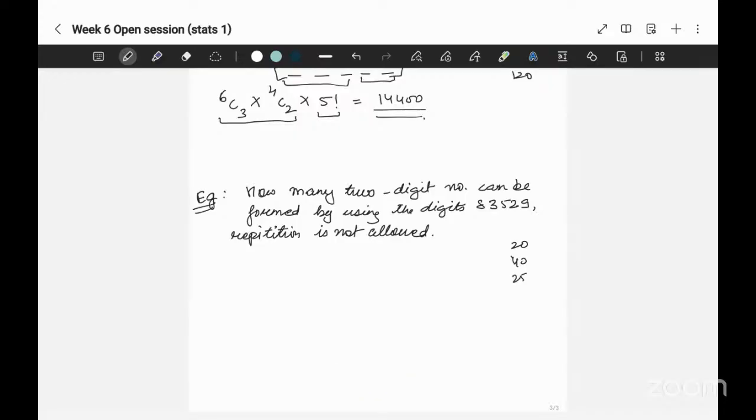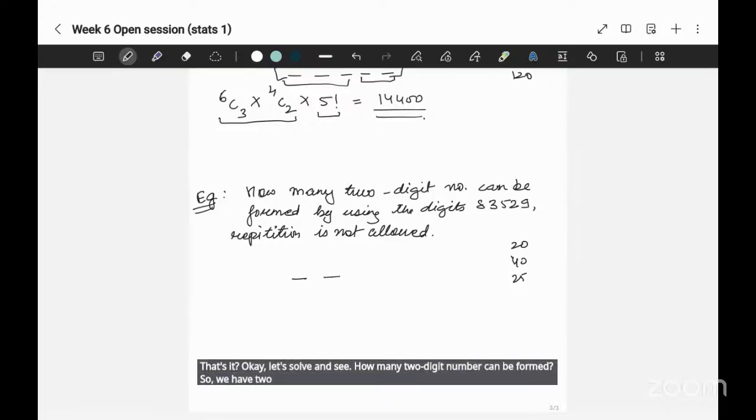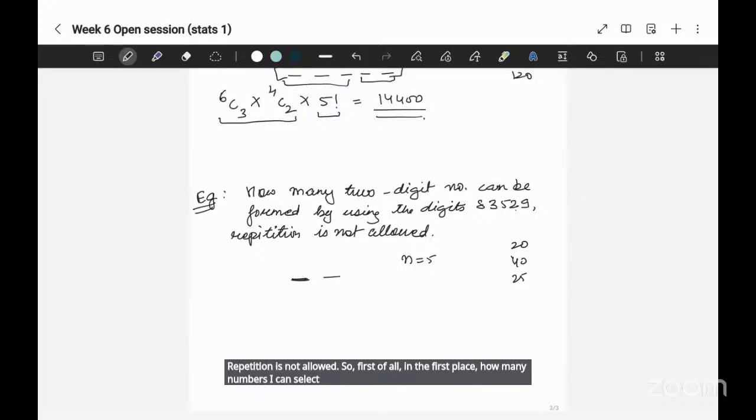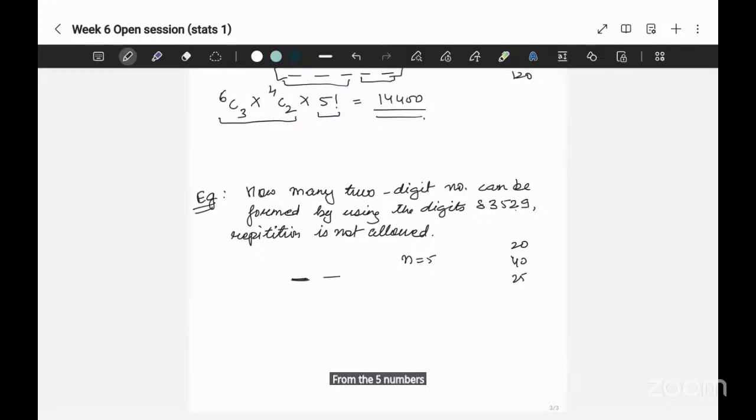Okay, let's solve and see. How many 2-digit numbers can be formed? So we have 2 places here, using the digits 8, 3, 5, 2, 9. So in total, I have 5 digits, right? So n is actually 5. Repetition is not allowed. So first of all, in the first place, how many numbers can I select? I can choose from the 5 numbers, like it will be 5C1, right?